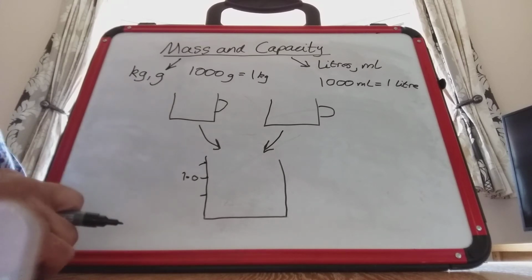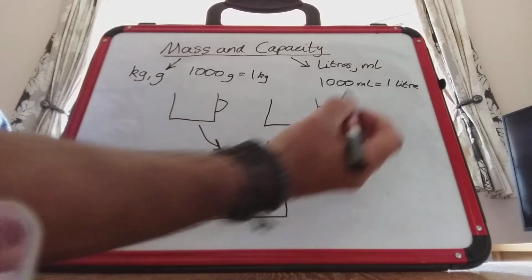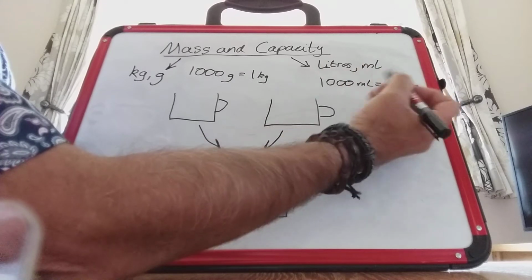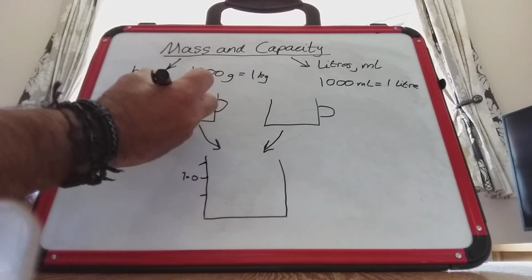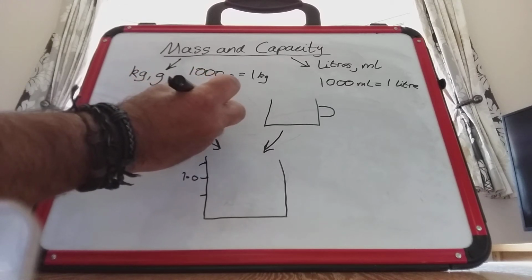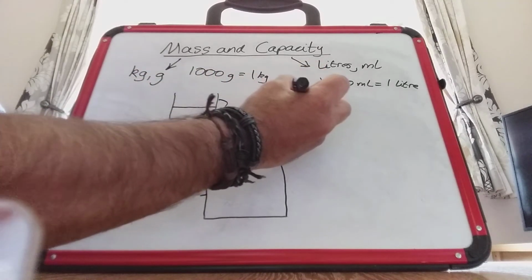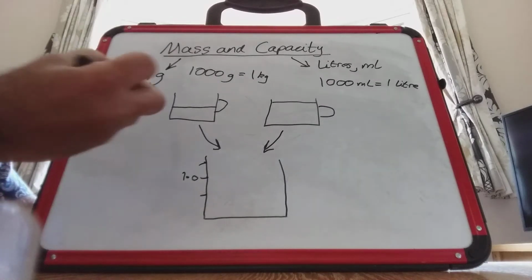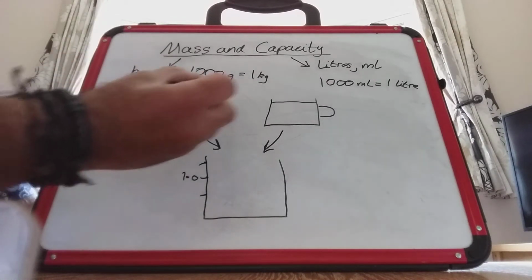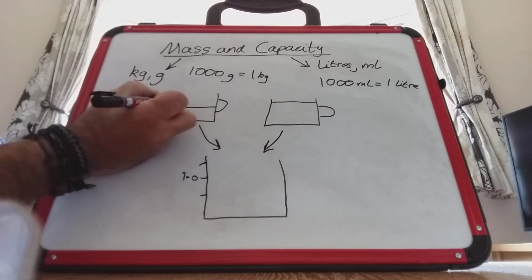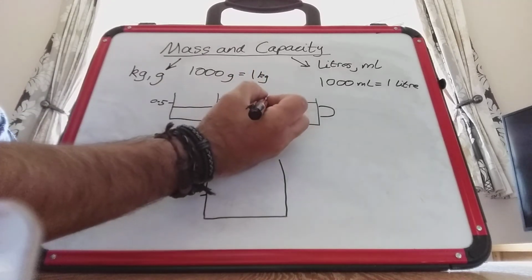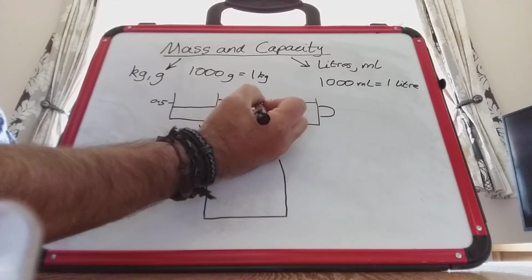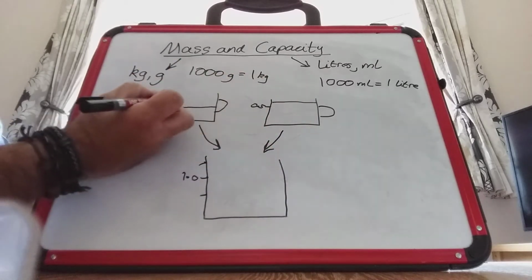Now we're moving on to capacity. And remember, capacity is to do with litres and millilitres. There are 1,000 millilitres in a litre. So a capacity question, you might have a picture of a cup and another cup, and they might tell you how much is in each cup, or they might have a scale that would give you an idea of how much is in each cup.